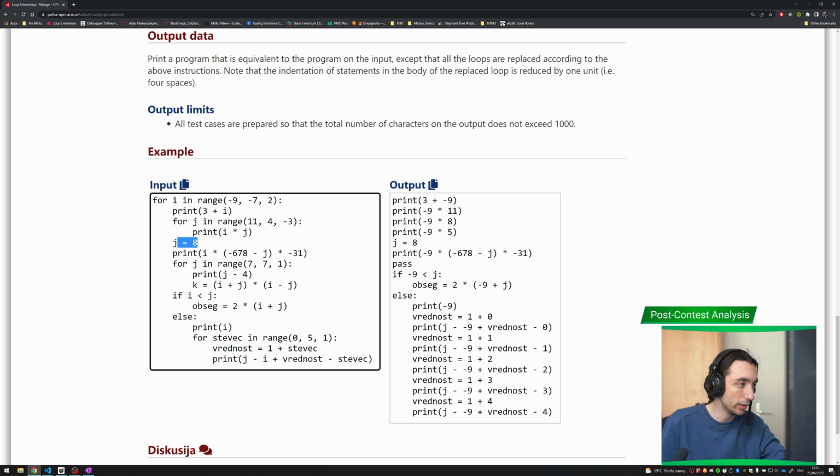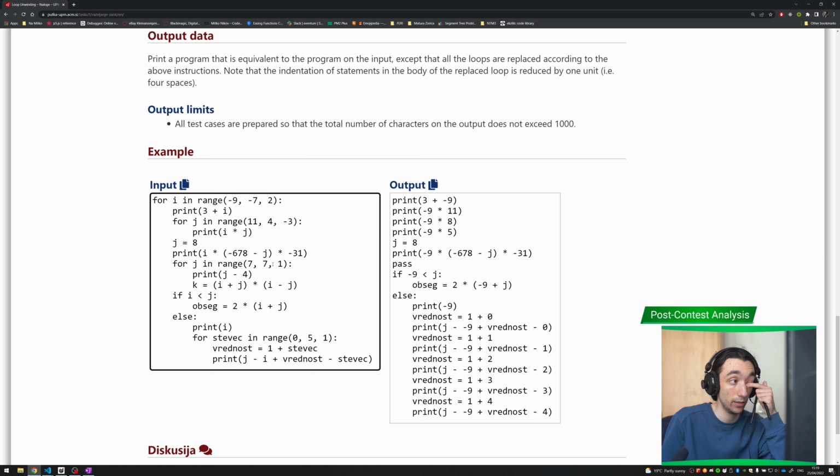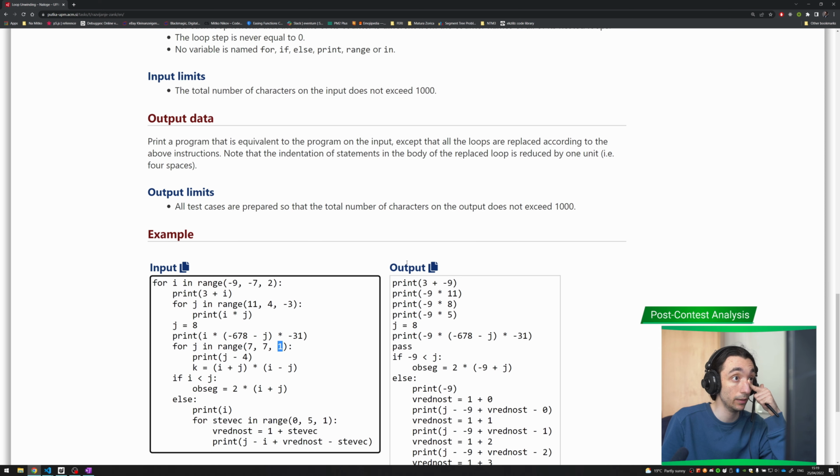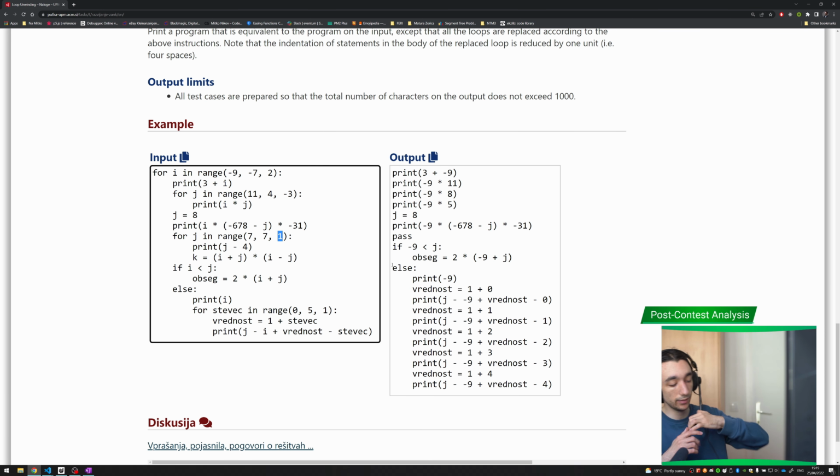Here this for loop doesn't do anything, so we just print pass, because from 7 to 7 with increment 1, this doesn't do anything.